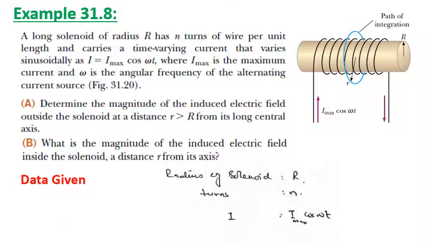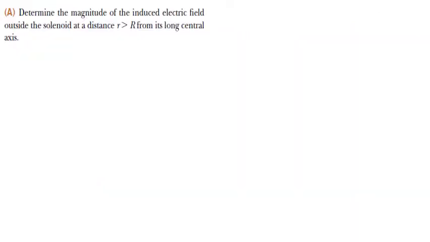So the given data is radius of the solenoid, turns, and small n is number of turns per unit length. This is turns per unit length. And I is given, we have to determine E.